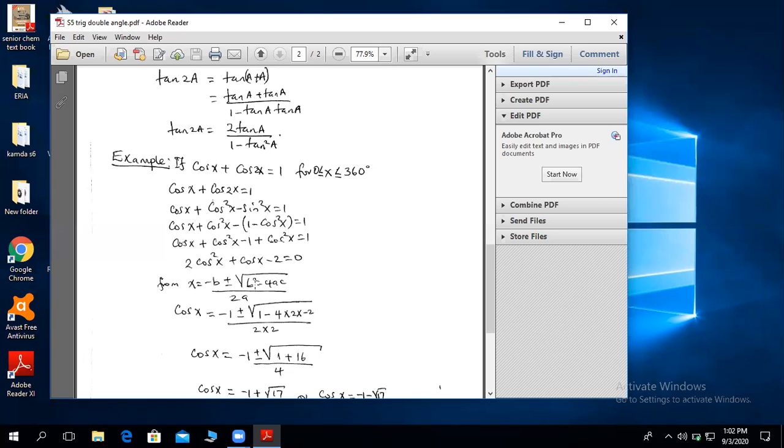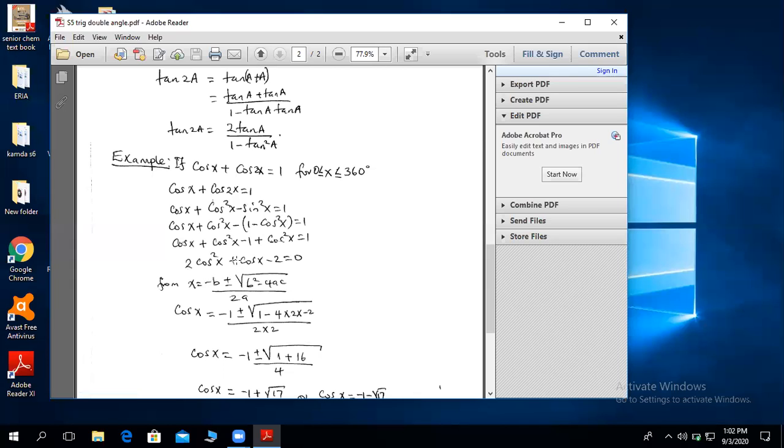So cos x, which is x squared, if it was x squared, I would say x is equal to, but now it is cos squared x. So cos x is equal to, another way someone would have said, let cos x equal to y, and this will be y squared. So you'll be saying y is equal to negative b.